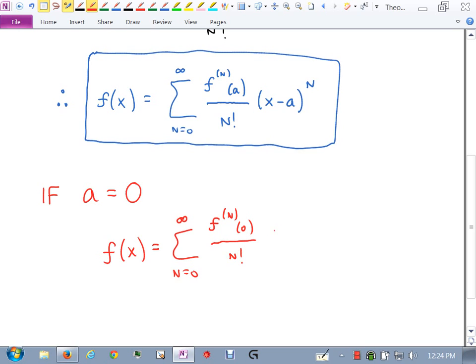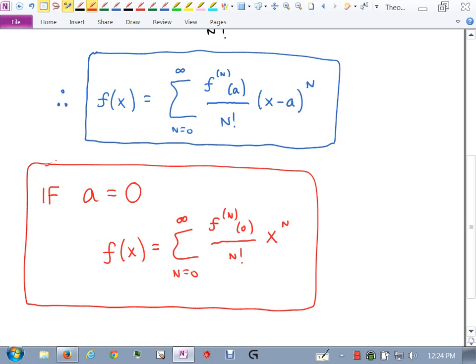Everywhere you see an a, put a 0. The one on the bottom is called the Maclaurin series. The one above it is your Taylor series.